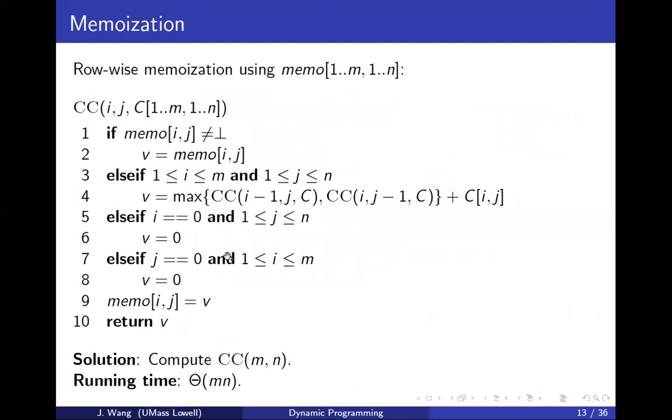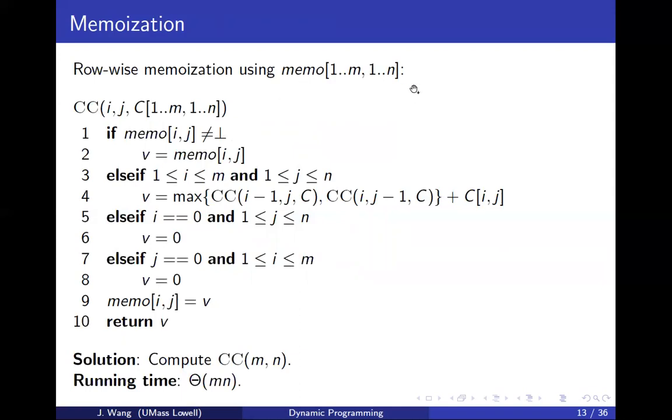Okay, so in this case, we use the same technique. We are going to use a 2-dimensional array because I want to remember the solution on this board. So everything else is more or less standard, right?